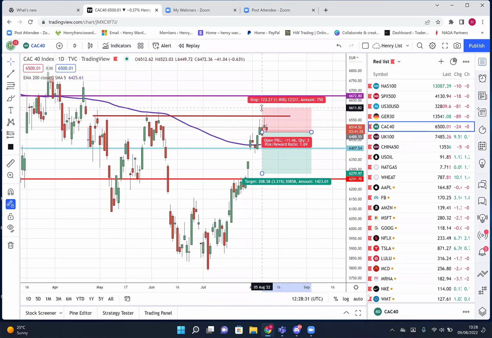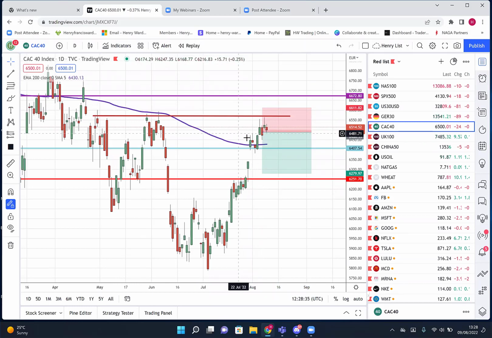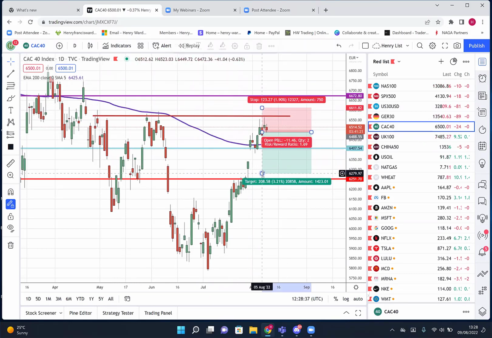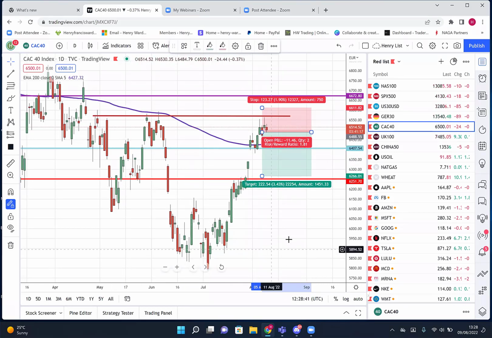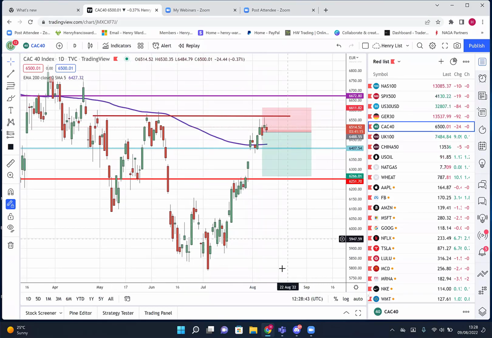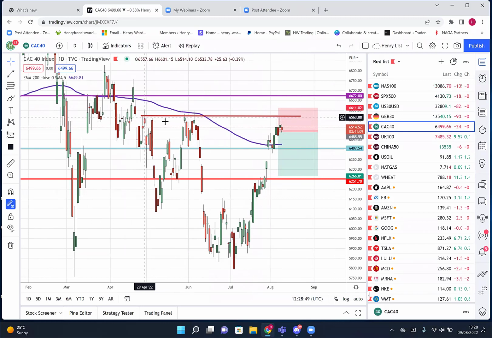And our stop loss would have to go above this high. Our take profit will be inside that, which would be 1.81. Is that a valid trade? Off that 1, 2, 3, 4 touches.